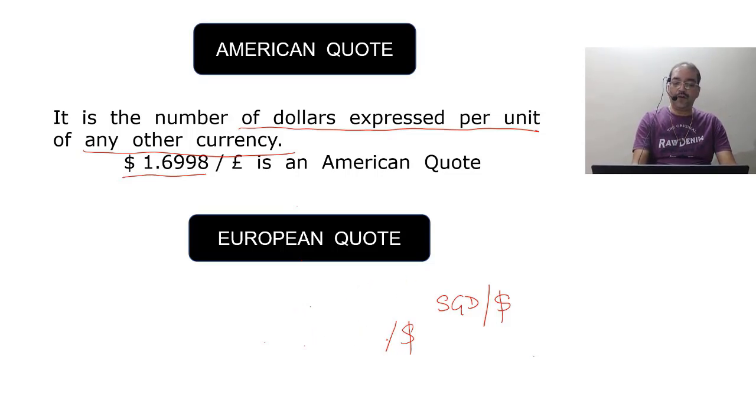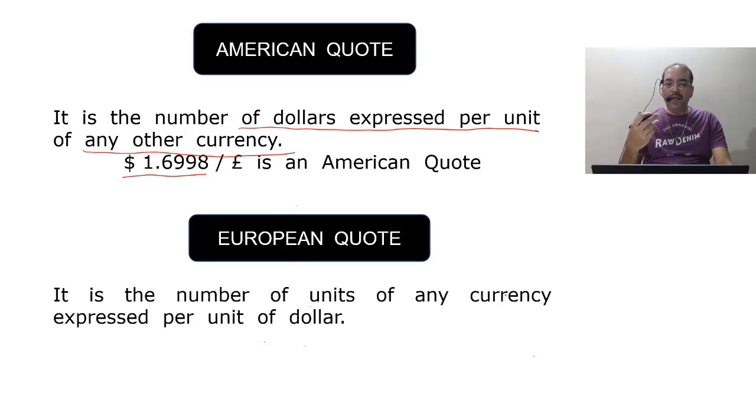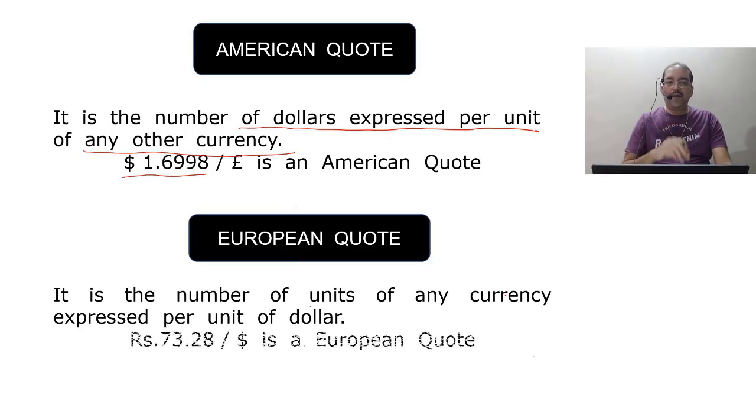It is the opposite of the American quote. In the American quote, it is the number of dollars expressed per unit of any other currency. In the European quote, it is the number of units of any other currency expressed per unit of dollar. Rupees 73.28 per dollar is an example of a European quote.